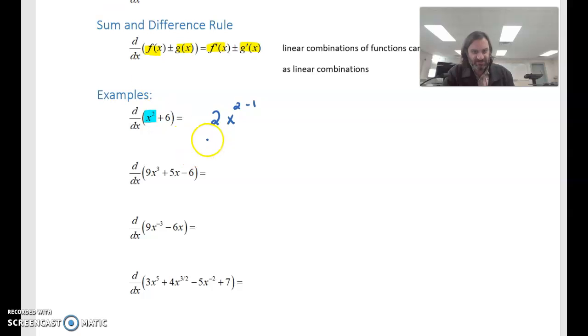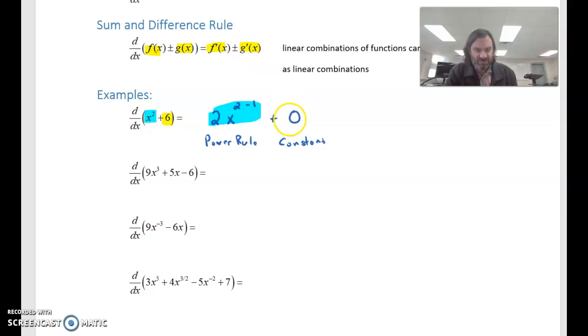This is the power rule that you saw up above. In that case, the n was 2. So this is what I'm applying here. We're going to clean that up in a little bit. And then separately, the 6, where it says plus 6, goes to 0. So it'll be plus 0, and that's the constant rule.